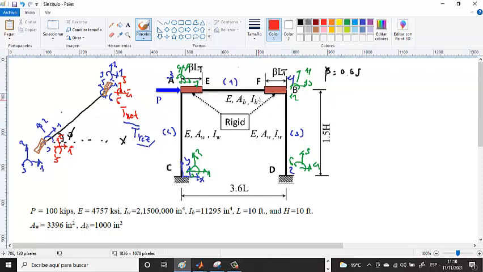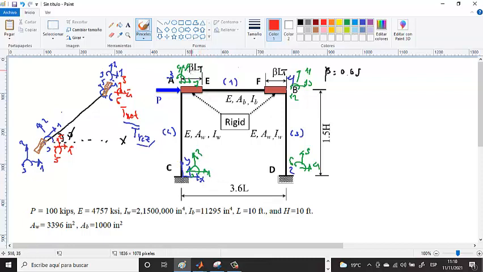But the real degrees of freedom consider only the constraints, because we have fixed supports here. All of these degrees of freedom are equal to 0 because they cannot rotate, and they cannot translate.